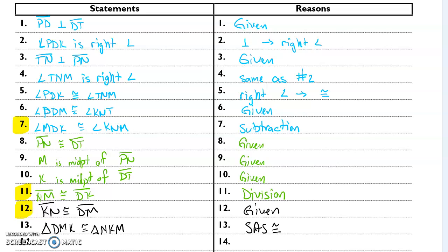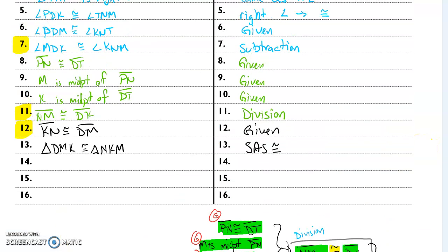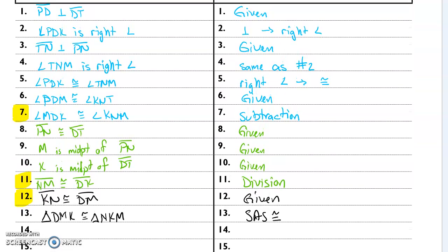I like to highlight these or circle my statements that allow me to make my triangles congruent. That way I know I have made all 3 of my congruent statements. In a flow proof, I know that I need these 3 congruences before I ever make triangles congruent. So this is kind of a 2-column proof, my way of doing that.